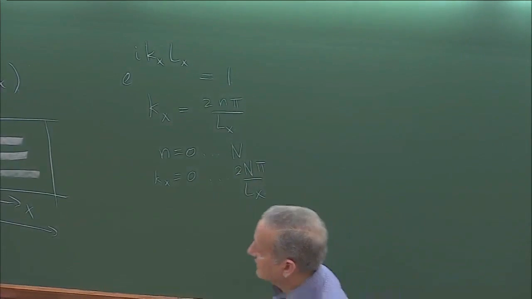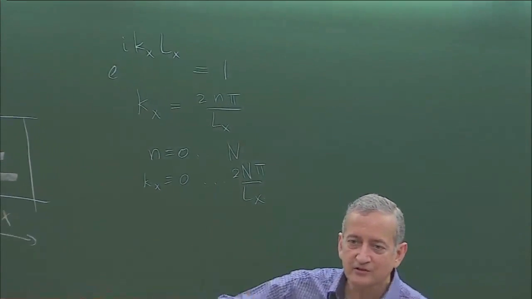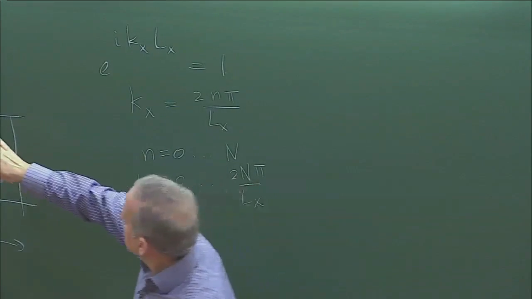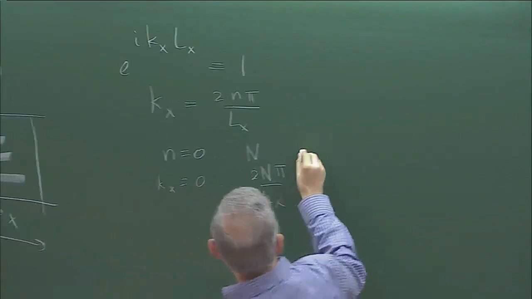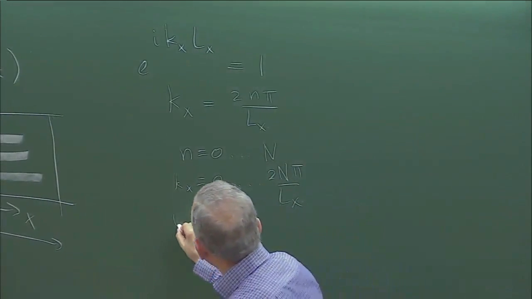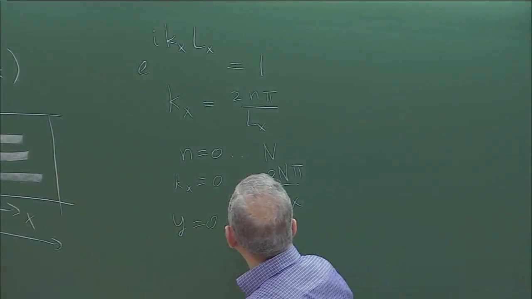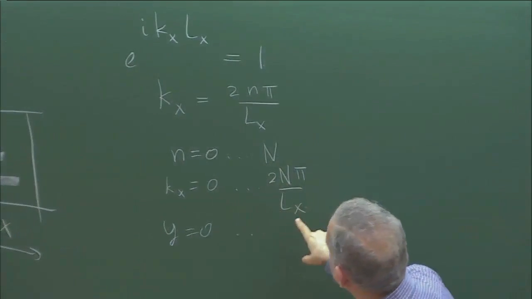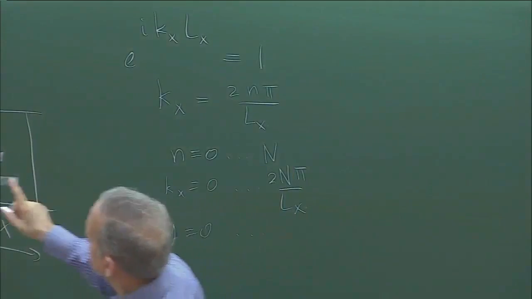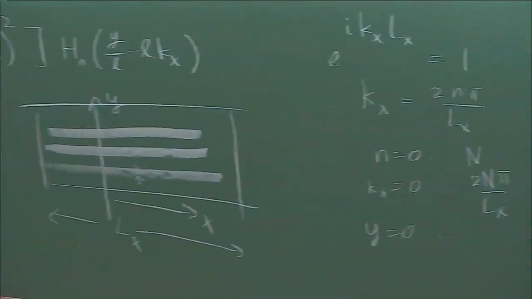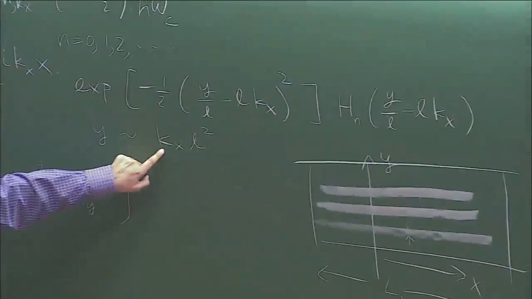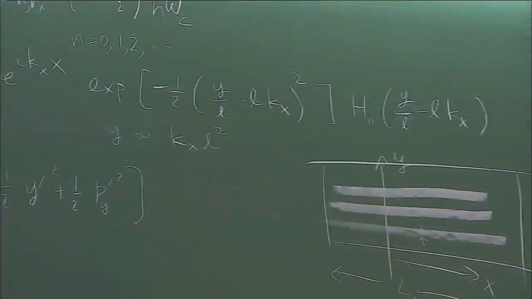now remember, kx tells me where the wave function is located. So this means that y goes from 0 to a value. So I'm going to use this formula here. kx is 2 n pi over Lx.